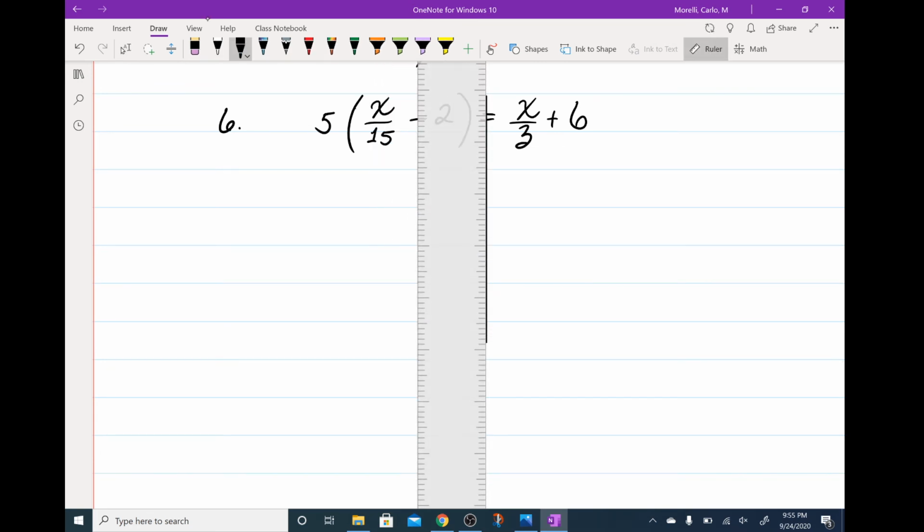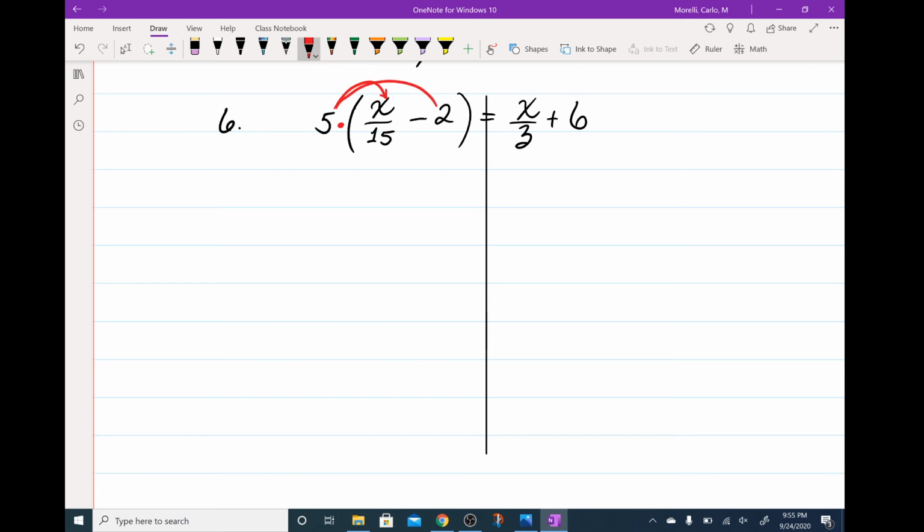So we start out keeping it safe. Let's go ahead and draw our line. Now, we know that we're going to have to distribute, multiply this 5 here and then here. We're going to multiply the 5 times x over 15, and we're going to multiply the 5 times the negative 2. Important that we get that negative in there.